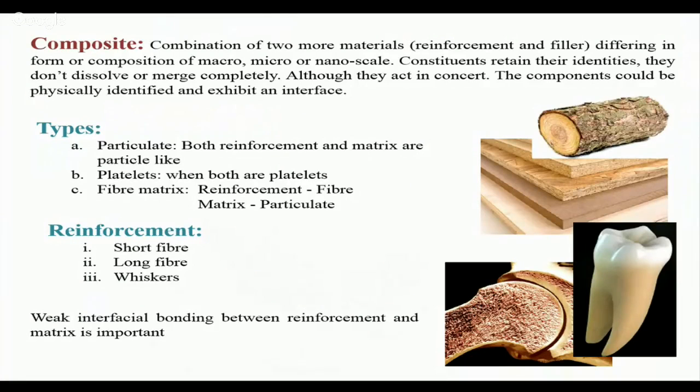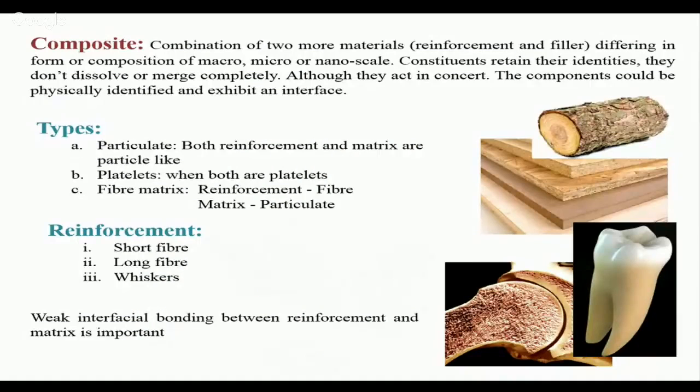And whiskers, I think you know the meaning of whiskers. It is for the cat, right? But whiskers here is meant for single crystal ceramic or single crystal fibers. But whiskers nowadays is a carcinogenic material. Usually it is no more encouraged for applications.